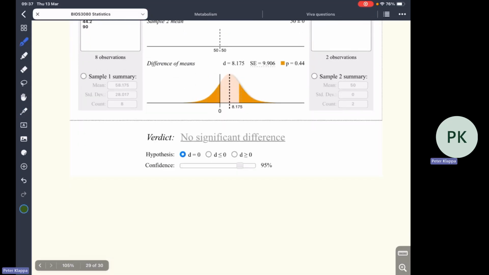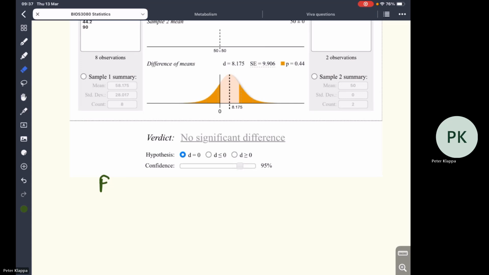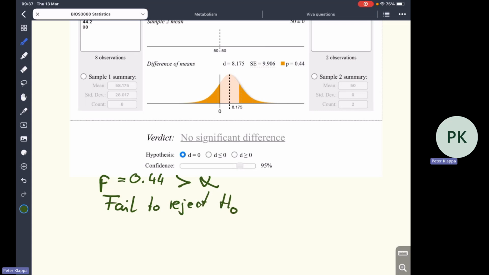And as Irina absolutely correctly says, p is larger. So p, let me write this down. P equals 0.44, which is larger than alpha. Our conclusion is fail to reject the null hypothesis.